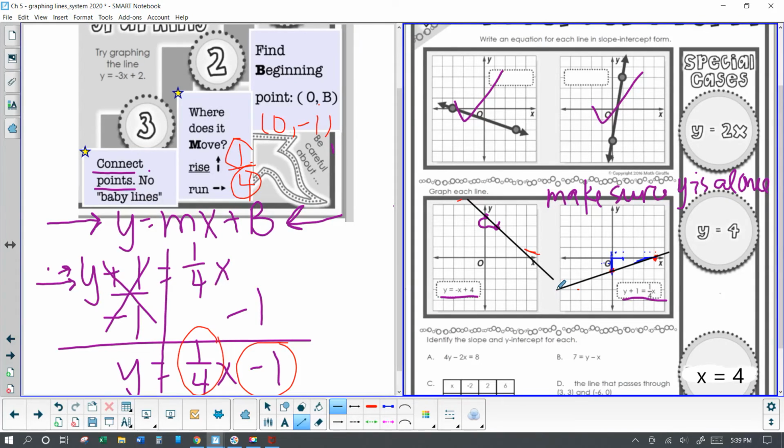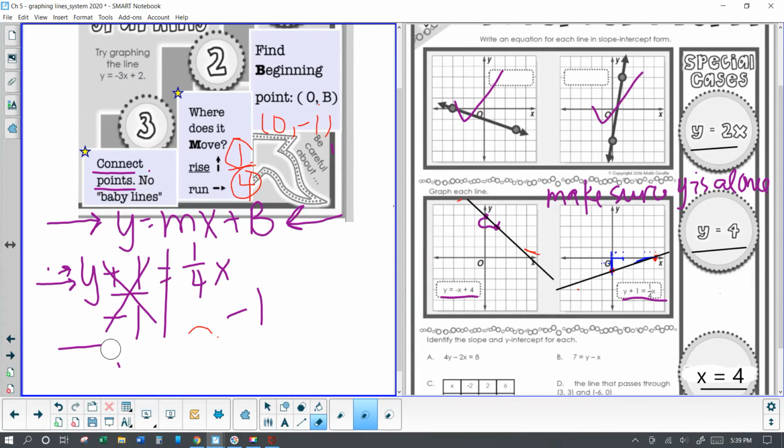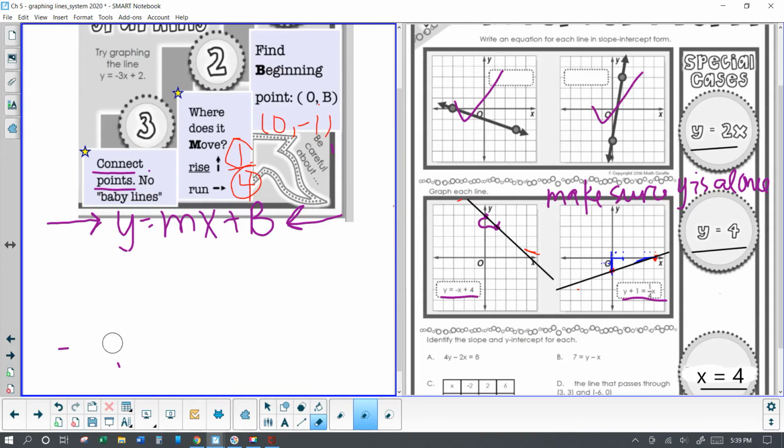Okay, let's take a look at some special cases. Over here on the side, we have some special cases. What happens when my equation looks funny? Let's go back, and I'm going to erase some of my work over here. Let's just start with the very first special case. This equation looks like this: y equals 2x.